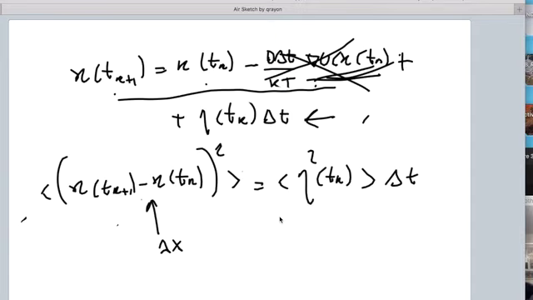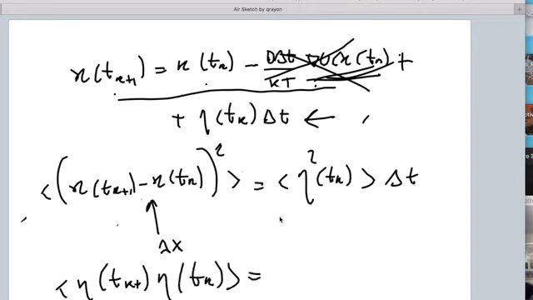But now let me remind you that the eta functions are delta correlated, which after I discretize becomes, well, let me be more generous and put an i and j here, the Kronecker delta divided by delta t. Why?